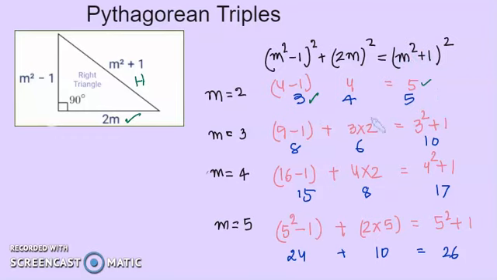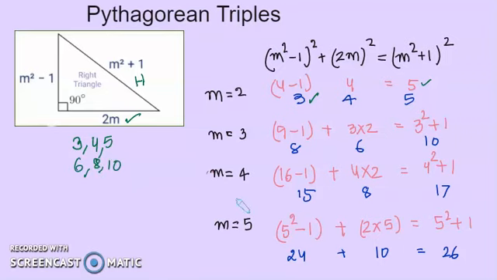So one set of Pythagorean triples you have is 3, 4, 5. Now let us take m equal to 3. So 3 square minus 1 is 8, 3 times 2 is 6, and 3 square plus 1, 9 plus 1, that is 10. So 6, 8 and 10 is another set of Pythagorean triples.